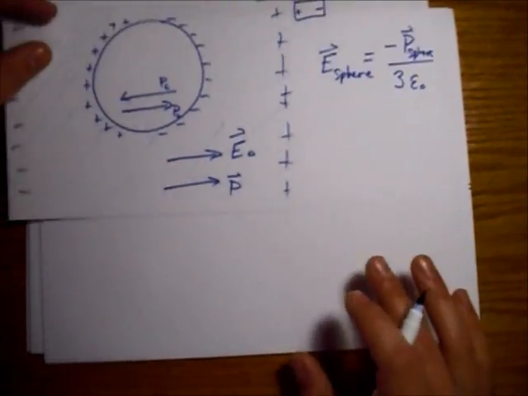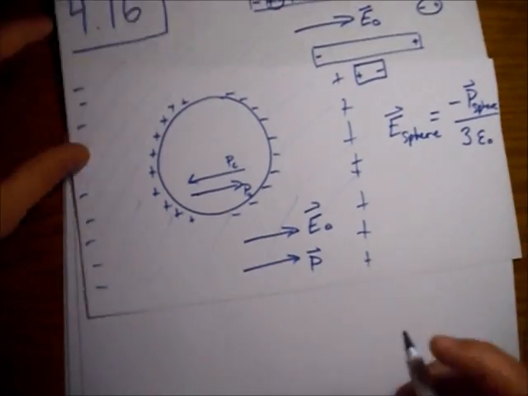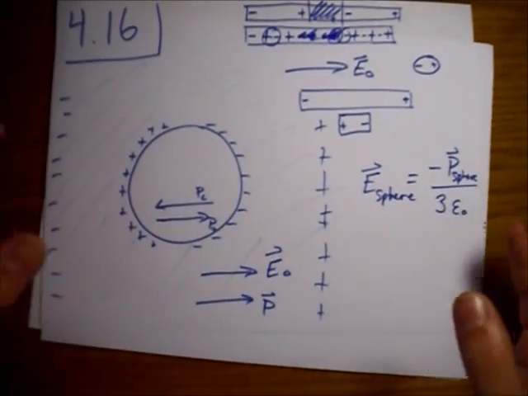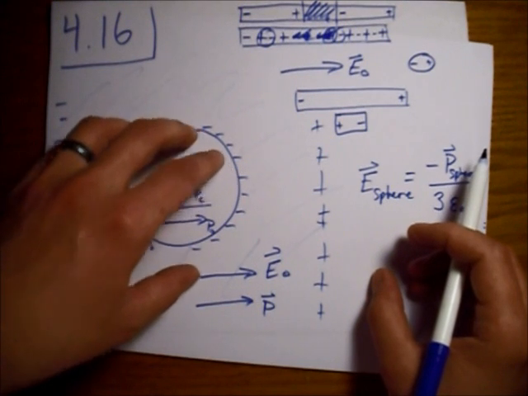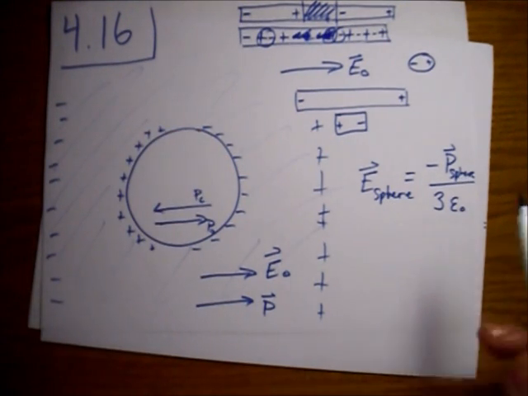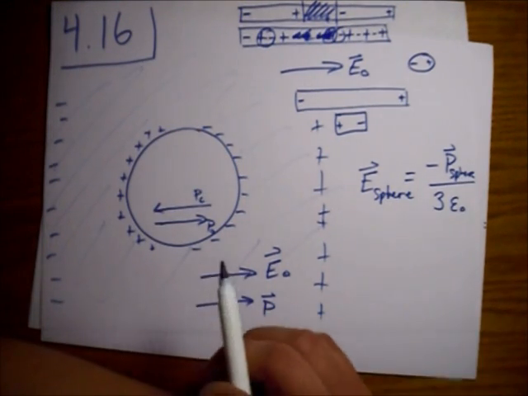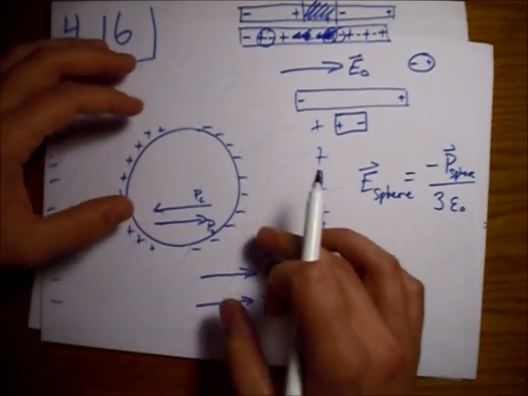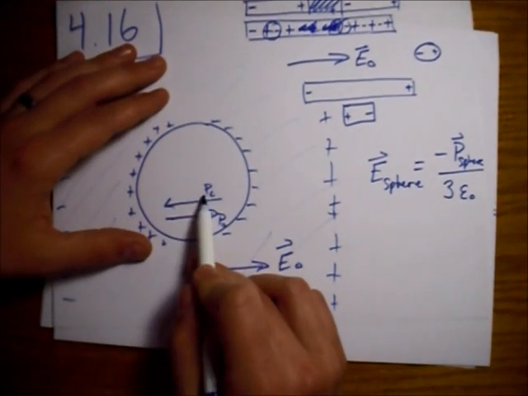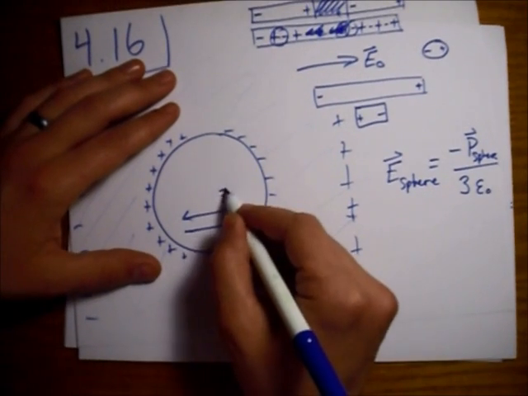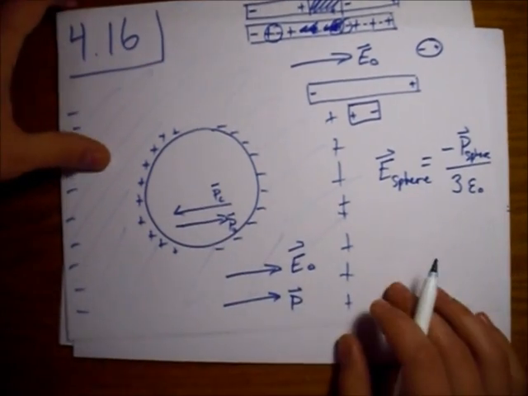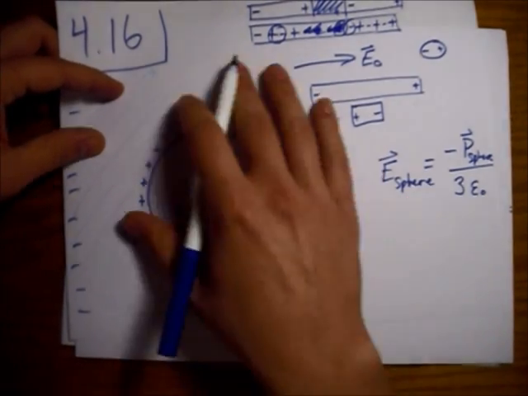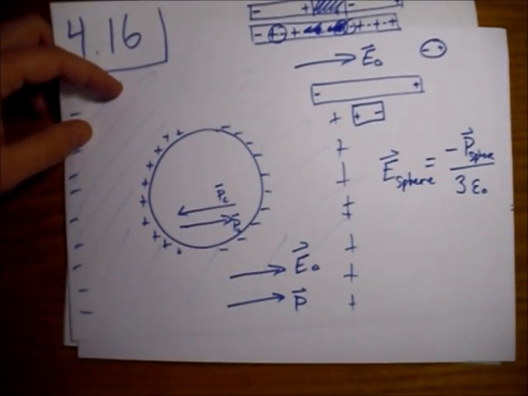So now, remember what we wanted to do was insert a sphere with the opposite polarization and see what that did to the electric field. So we need the polarization of the cavity to be equal and opposite to the polarization of the material that was there.